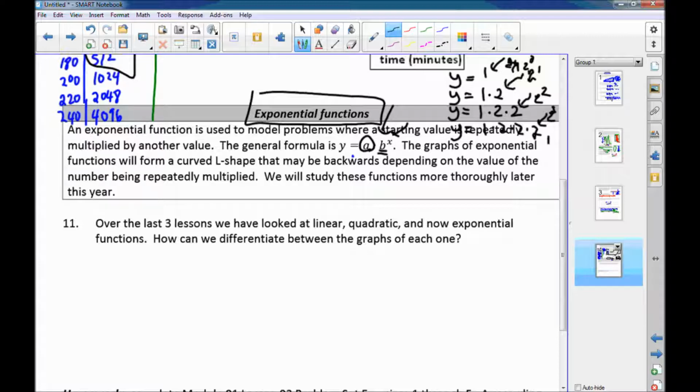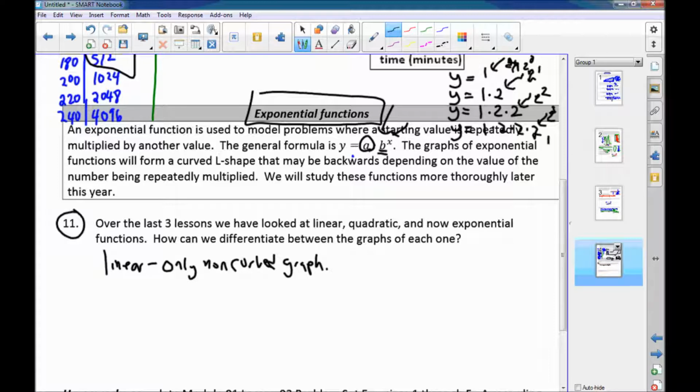All right, so over the last 3 lessons, number 11, we've looked at linear, quadratic, and now exponential functions. How can we differentiate between the graphs of each one? Linear is pretty easy to tell. That's the only non-curved one. All linear are going to be lines, and all lines are straight.